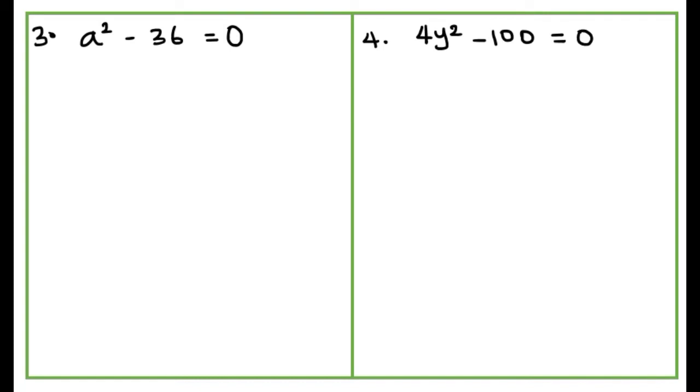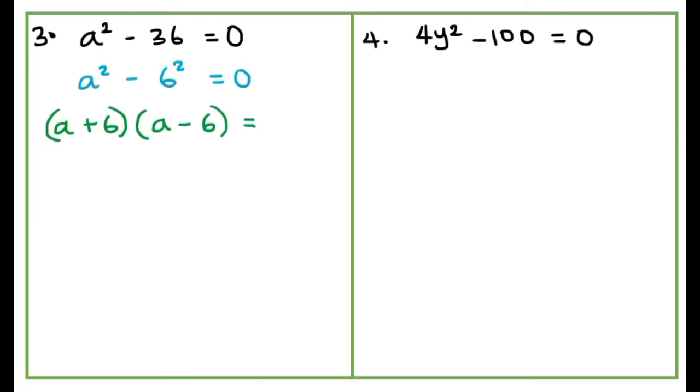So now, let us have a squared minus 6 squared for 36 equals 0, such that we have a plus 6 into a minus 6 equals 0.